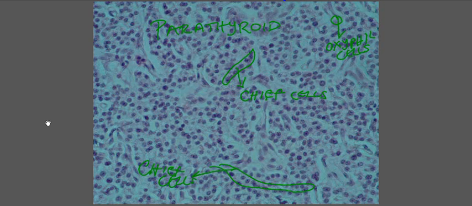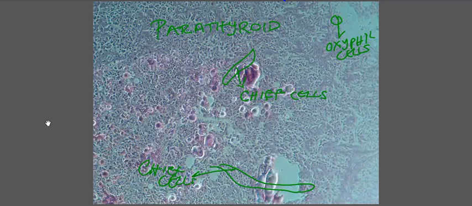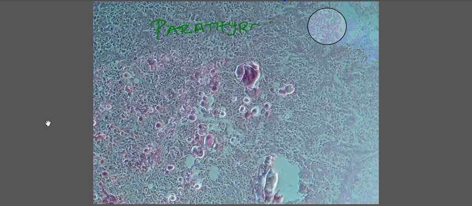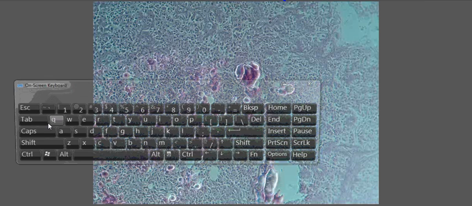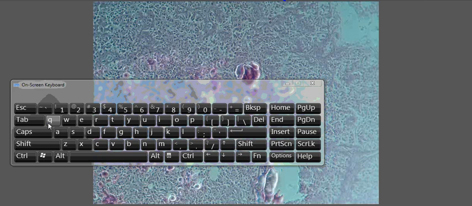All right, group 2. Would you want to tell me what gland this is? So we're gonna give you one hint.